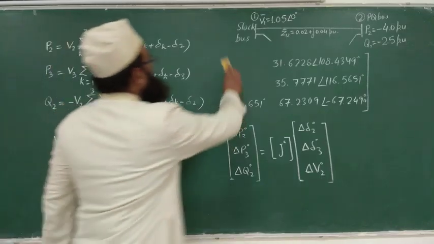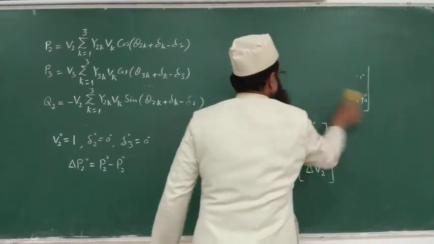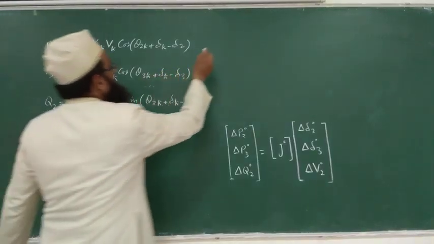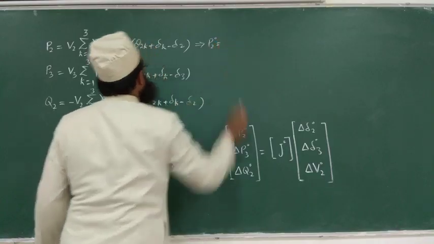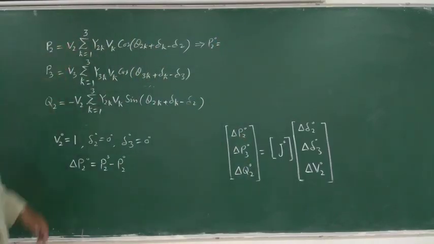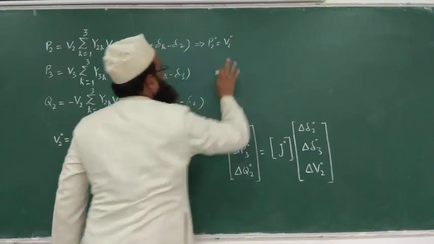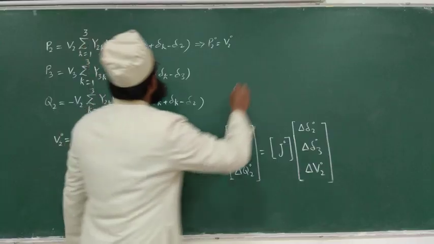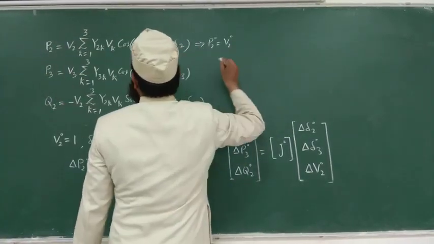So from here you may write, so substitute the values. This implies P2 0 will be, expand it, we are having 3 terms, so this will be V2. Now put 0 here because V2 is a variable. So V2 0, this is common, so you can take common or take for each with each term.